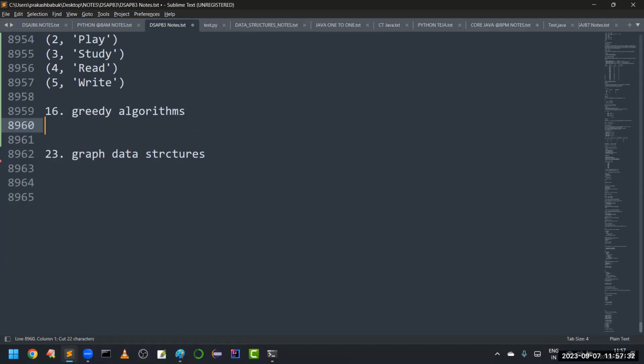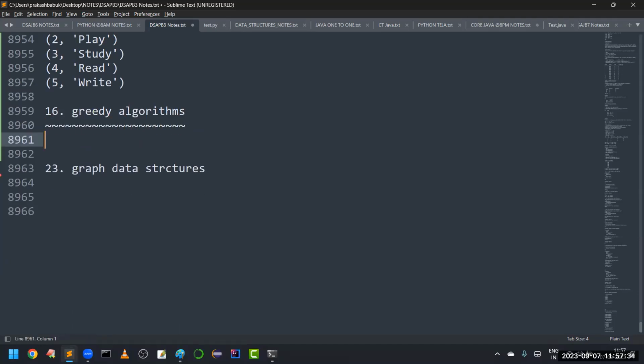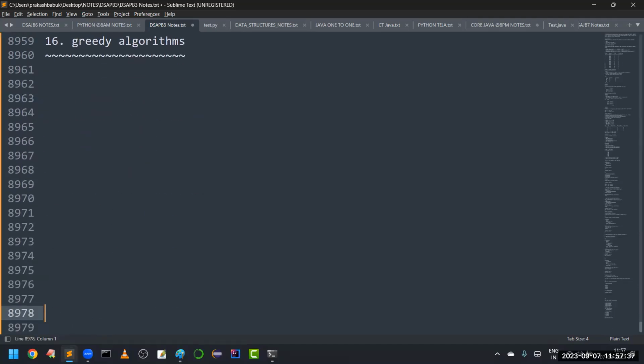I think you have heard this terminology in regular usage also. When you are playing any games, or searching for any data, or even in real time, we always try to use greedy. Greedy means something that is going to maximize or minimize our solution. When you have a real-time problem, you always search for maximum profit or minimum profit, maximum value, minimum value.